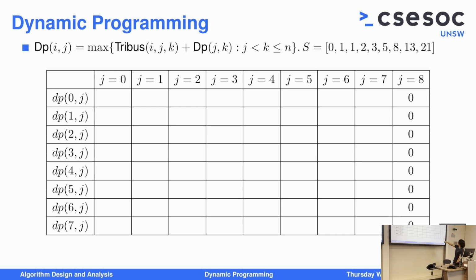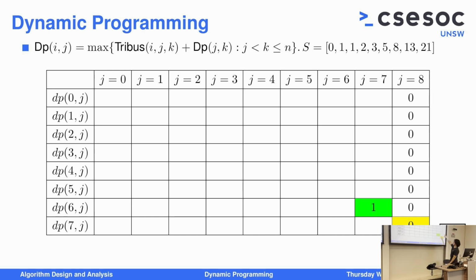If we look at 6, 7, 8, do they form a tribus? It does, 21 plus 42 is divisible by 3. So you can see that this square is dependent on this square, and then some other thing, which is our tribus. And there is one tribus here.